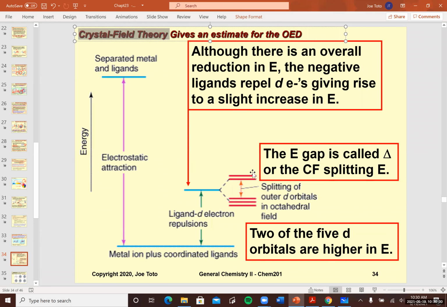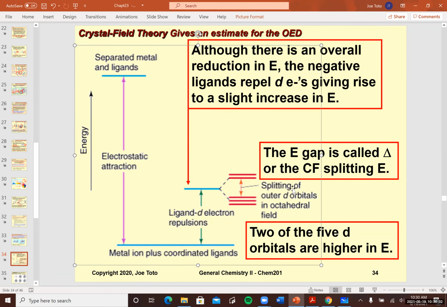Okay, so there's a splitting, and this splitting is referred to sometimes as the gap energy, or E gap, also called delta, the delta splitting. It comes about through this repulsive interaction of the d orbitals, but not all d orbitals repel the same. And so 2 split from 3, and you get a gap.